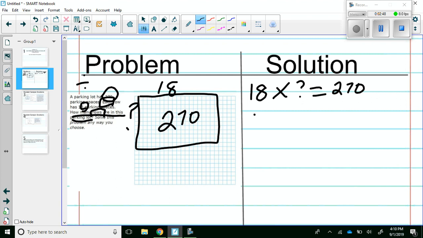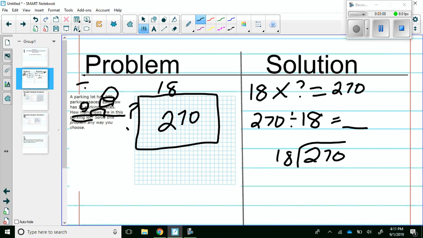So now my new problem will be 270 divided by 18, and then that will give me the number of rows the parking lot contains. So next, I'm going to set up my problem to do 270 divided by 18.